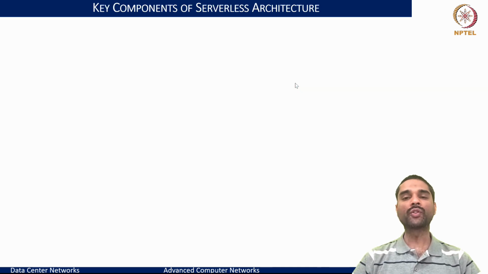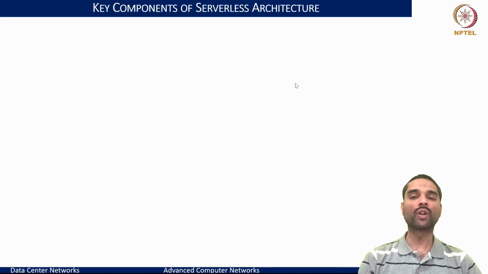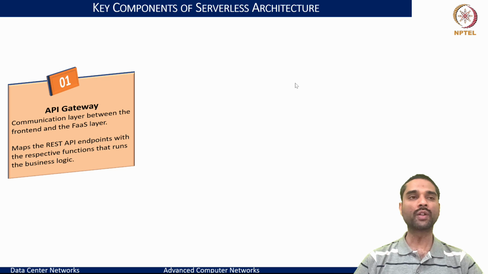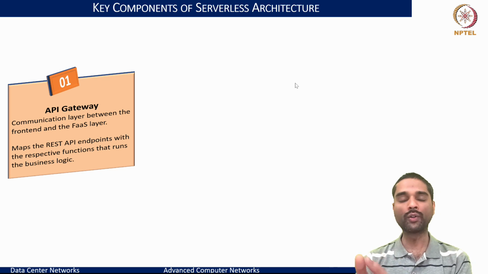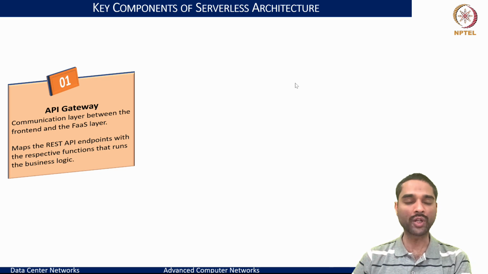And to build such a serverless framework, we need to understand what the key components are. The first is the API gateway. Here, what is in essence necessary is to invoke a function only when necessary. That means somebody has to trigger the call to this function to start it.